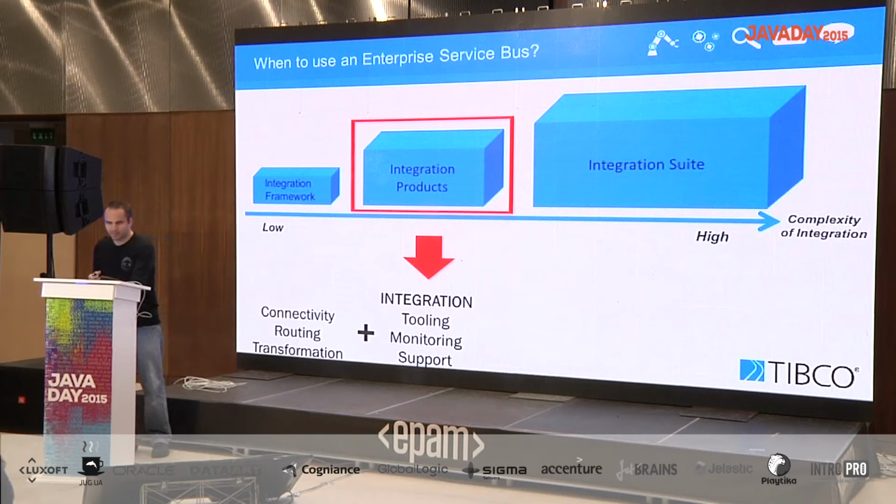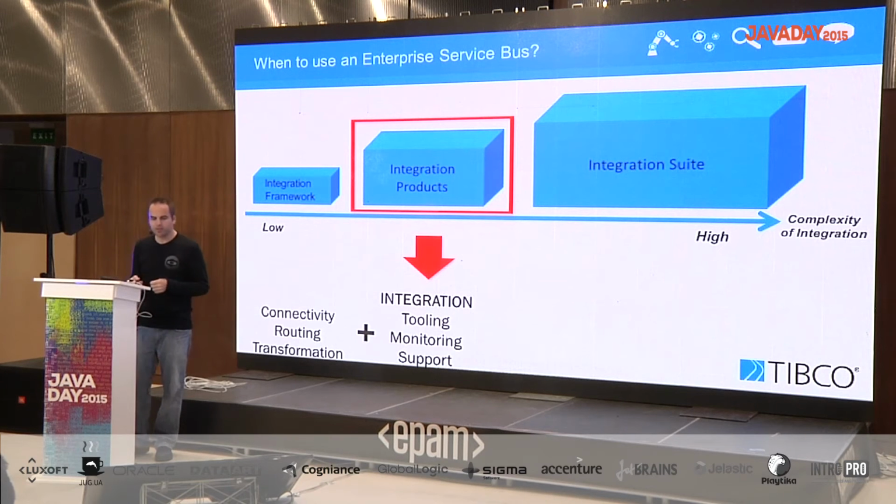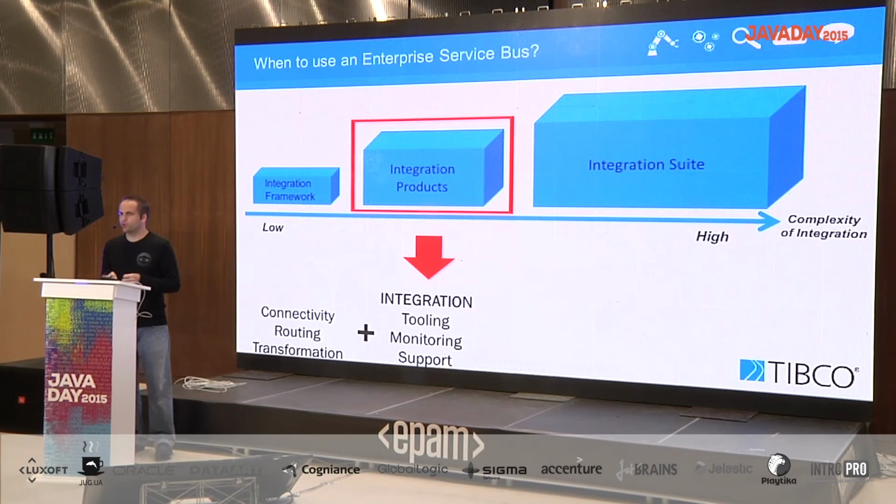So next, let's take a look at integration products. Integration products are in the end usually a commercial thing. So it's not an open source Apache framework, but here you usually pay for it. And if you take a look at the products, they also have the same benefits as the integration frameworks: connectivity, routing, the patterns implemented and so on.